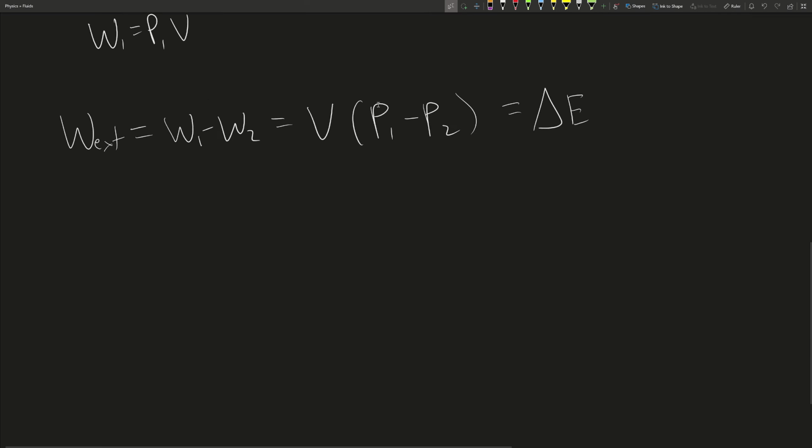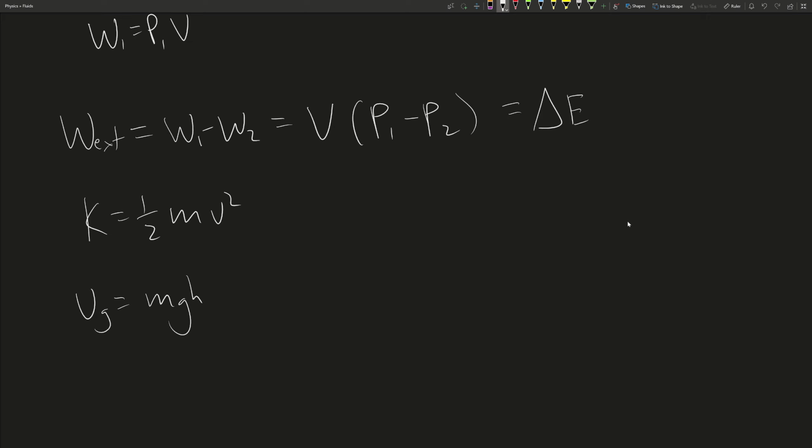Now, what types of energy are there? We have kinetic energy, which is equal to 1/2 mv squared, and potential energy, which is equal to mgh. Now, for fluids, we usually don't have a definite mass. We just have the density of a fluid. So we want to put all these in terms of density.